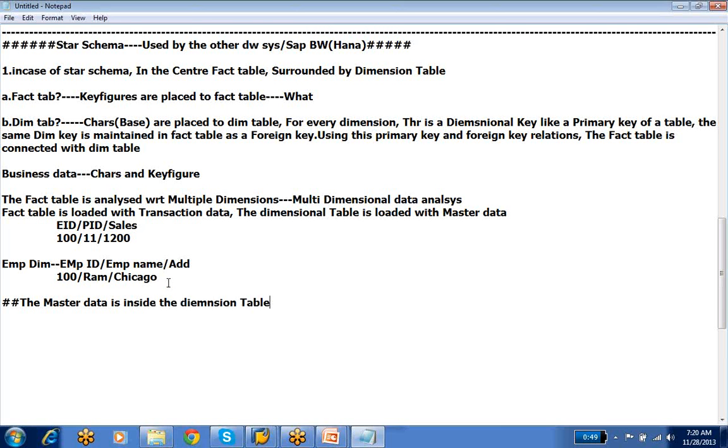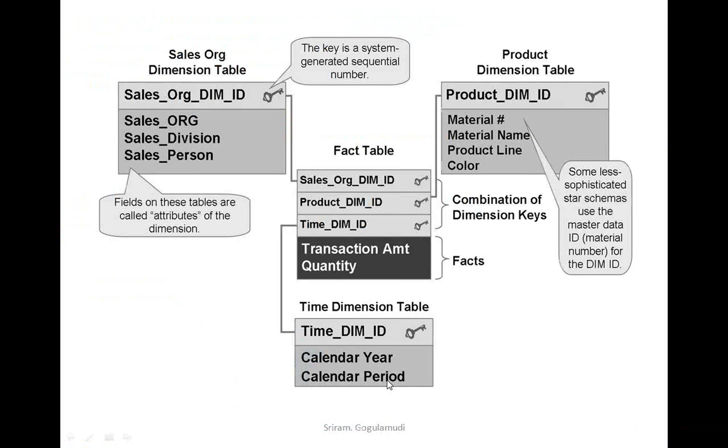Now, Garima, I was asking you that the combination of all three dimensional IDs makes up a primary key in the fact table. Yes.